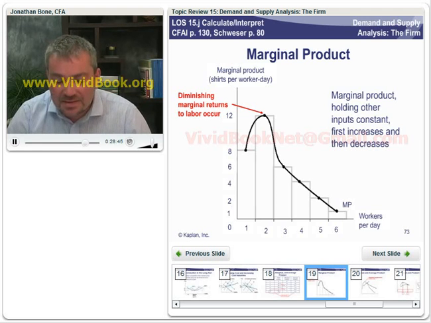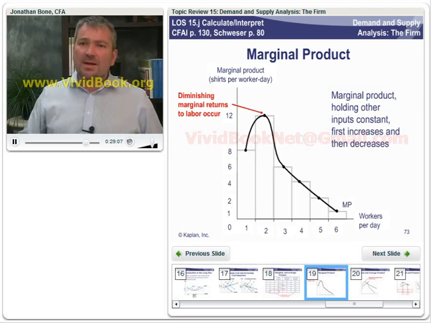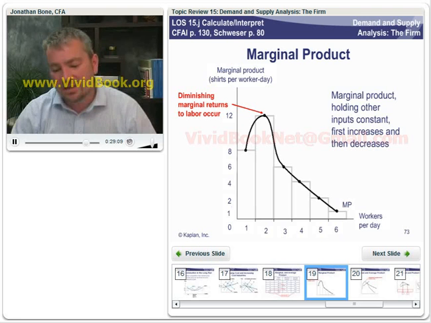So notice when we employed 2 workers, the marginal product went from 8 units to 12 units. So we had this increase. But then once we employed 3 workers, the marginal product went to 6, then 4, then 2, then 1. So the output of an additional worker was still positive, but it was smaller, essentially. So we talk about experiencing diminishing returns to labour.